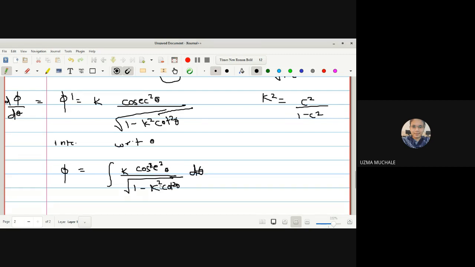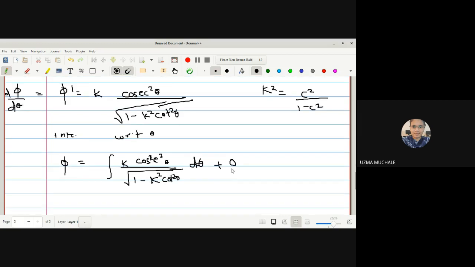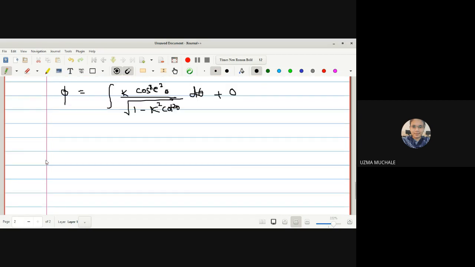Integration is with respect to theta, right? Now the constant of integration here we will take as 0 so that it will be easy for our calculation, because already cosec square and cot square are complicated terms. So that's why we will consider the constant of integration to be 0.